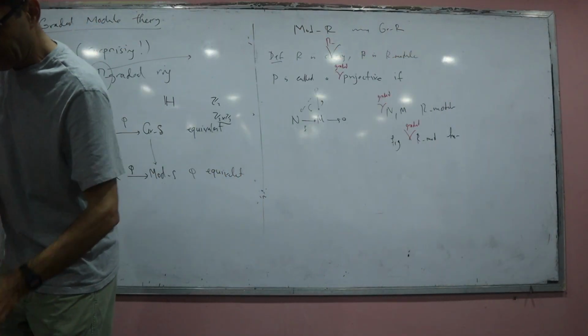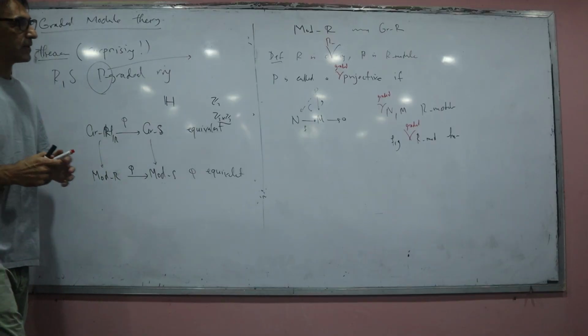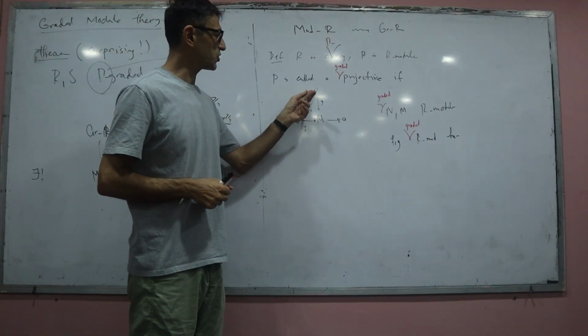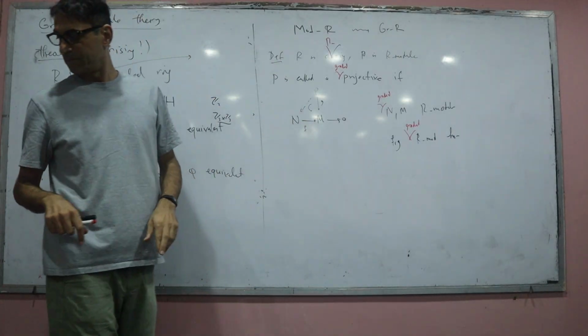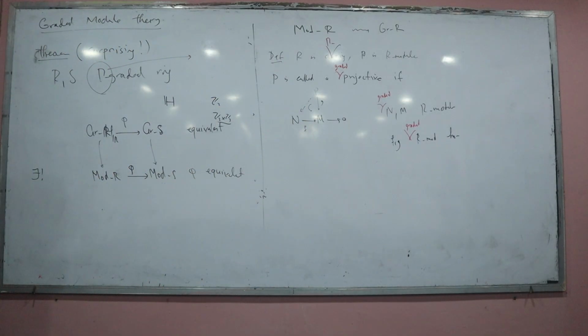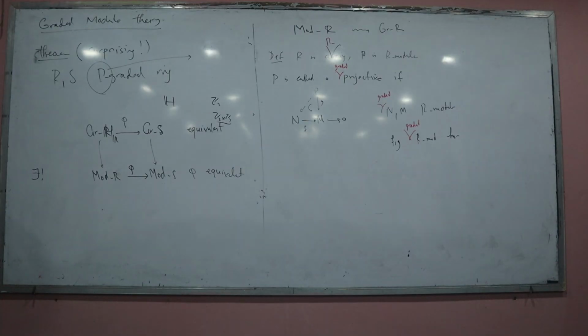But now, as soon as you have one graded projective, you can shift, and you have a lot of them. How do you formulate this in terms of the Hom functor? Hom(P, -) is exact.